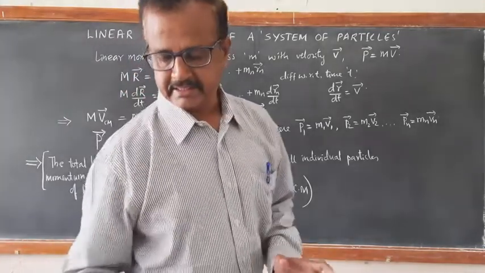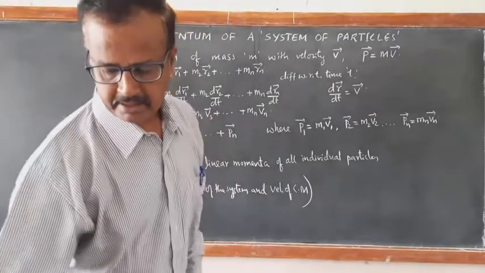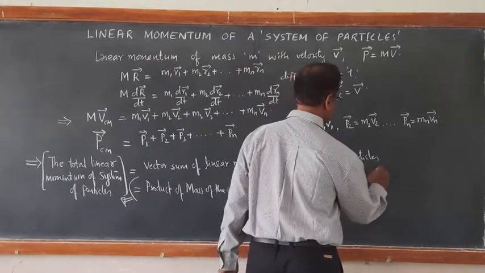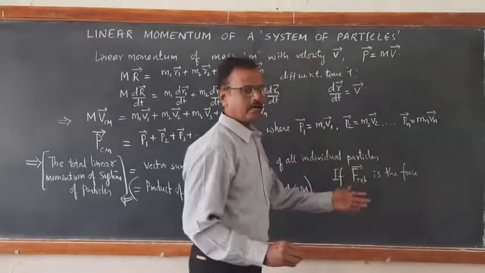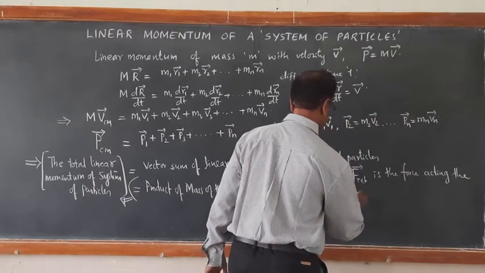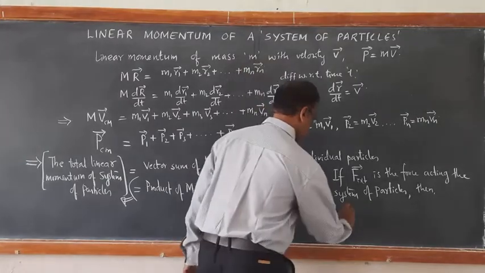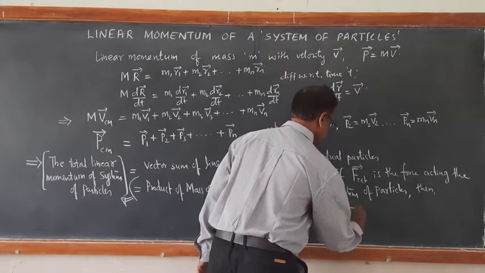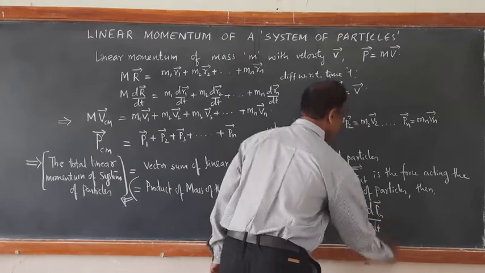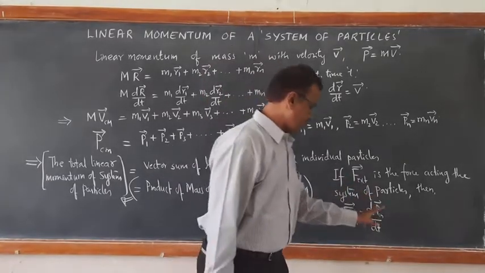Now this leads to one interesting thing. If there is an external force acting on the system of particles, then according to Newton's second law, F external is equal to dP by dt, dPcm by dt, where dPcm by dt is the time rate of change of the momentum of the center of mass.